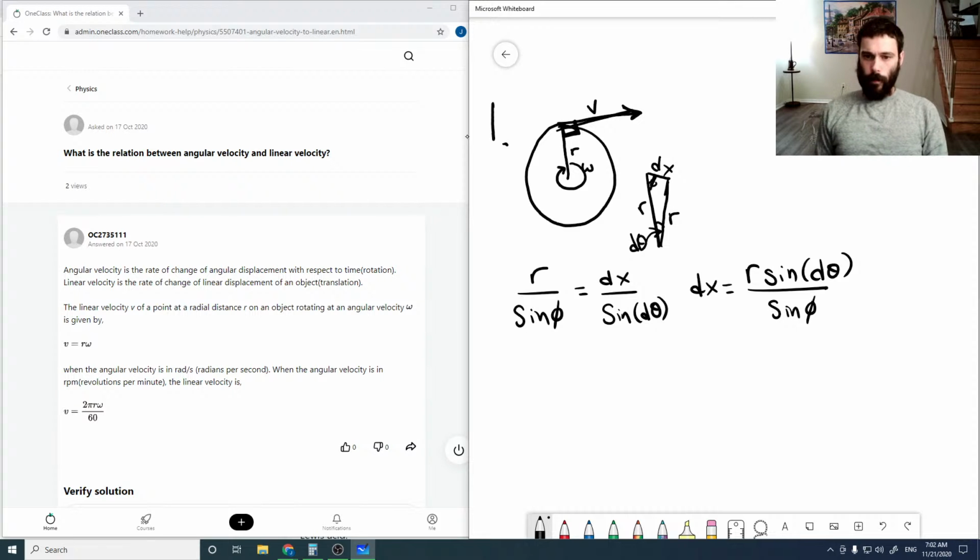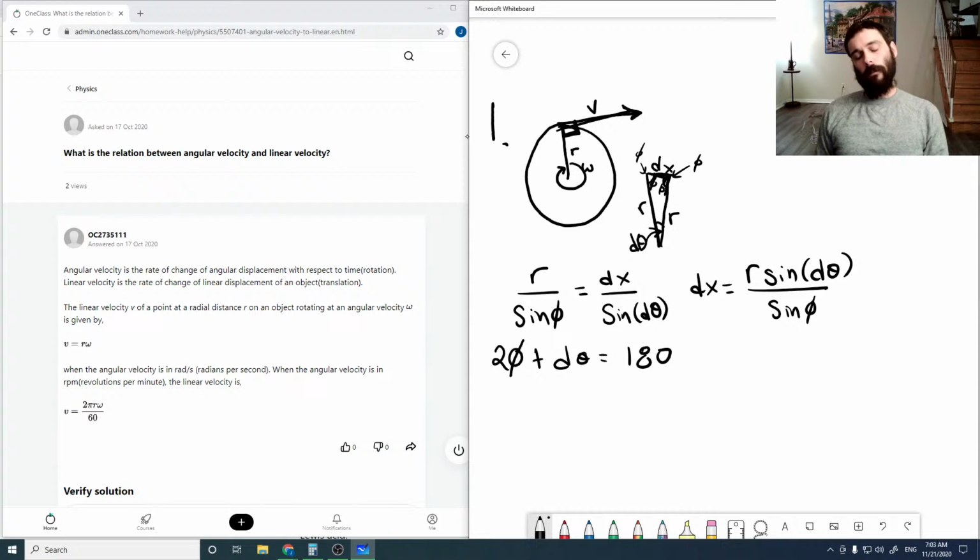Now, it's a triangle with both sides r, so both these angles up here are the same, so they both have to be phi, which means that our angle identity is 2 phi plus d theta equals 180.